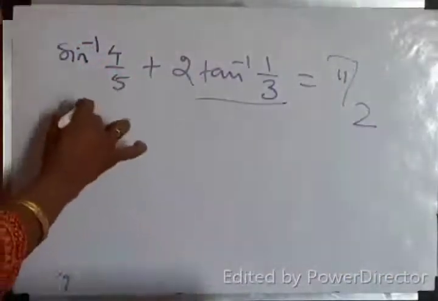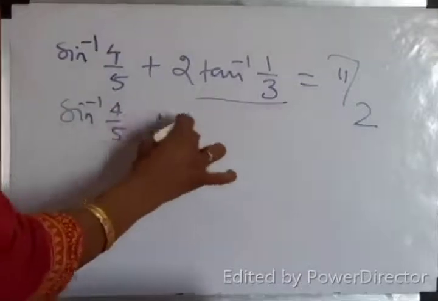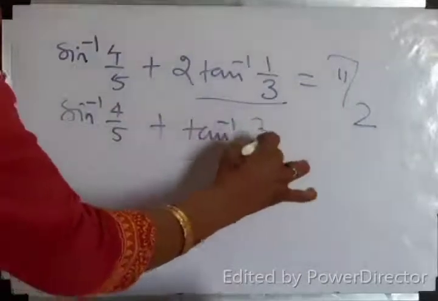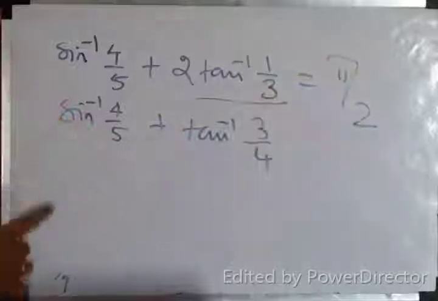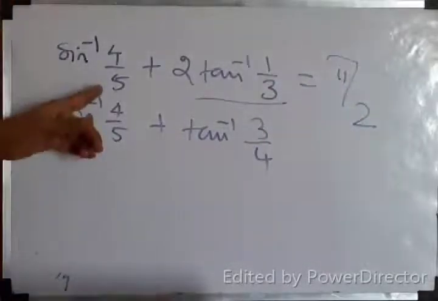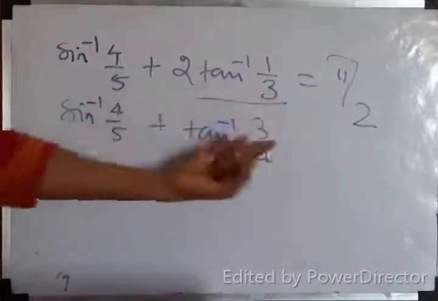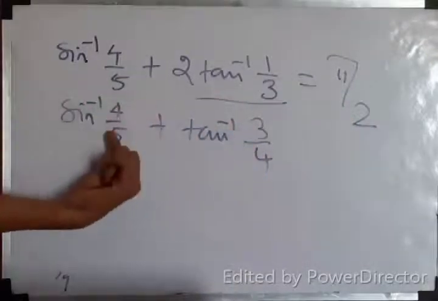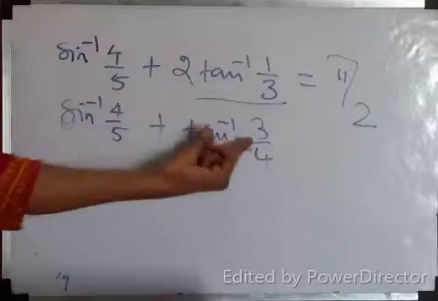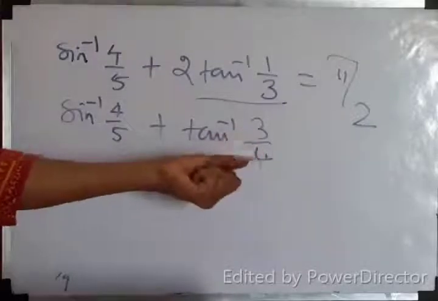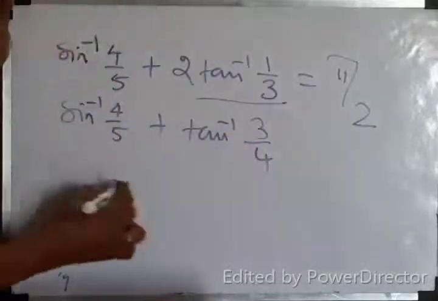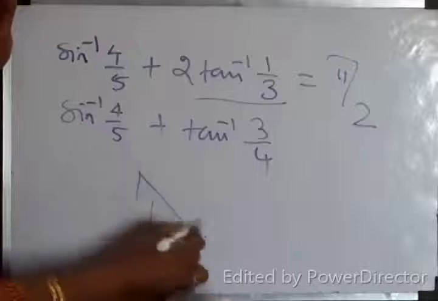So this is sine inverse 4 by 5 plus tan inverse 3 by 4. I have to bring pi by 2. I know the formula, sine inverse x plus cos inverse x, where I have to bring the same value x. So tan inverse x easily I can convert into cos inverse. Again, draw a triangle, conversion property.